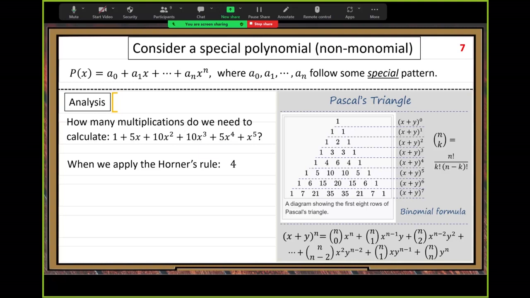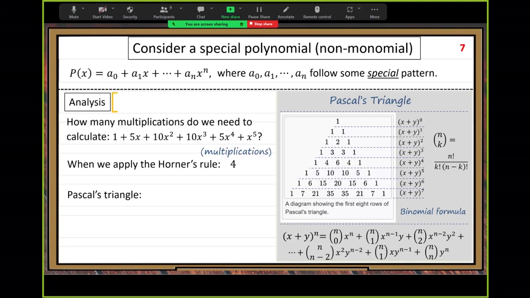But now, can you see that the coefficients' special pattern corresponds to one row in Pascal's triangle? Then, can we represent it as a binomial formula?